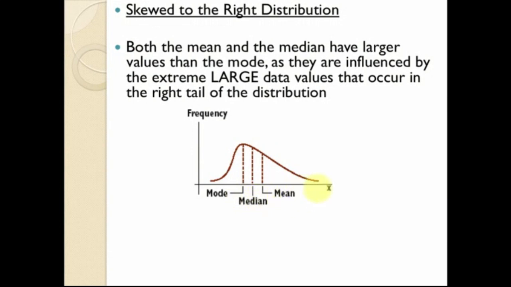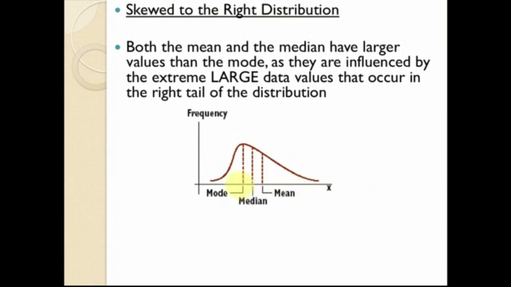So here we have the right tail, and in a skewed right distribution, the reason why it's called skew right is because there are a few data values up here that are pulling the distribution, pulling the tail to the right. So you can imagine a distribution of tests in the 70s, and then you get a test score of 100, which has the effect of pulling the distribution to the right.